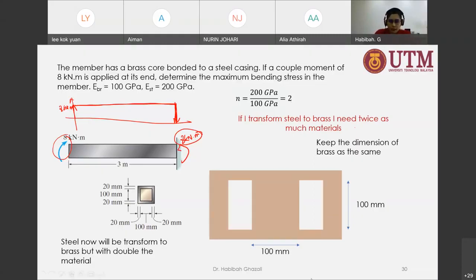So if I do that correctly, I will transform this sleeve. Imagine that this now is a sleeve, and the sleeve is getting bigger. This was formerly steel. Now I transform it to brass, so I need twice as much. If you do that calculation for the area, you will get that it is twice what you have here. So I will just maintain the height, but I will double the length of the hole in the middle.